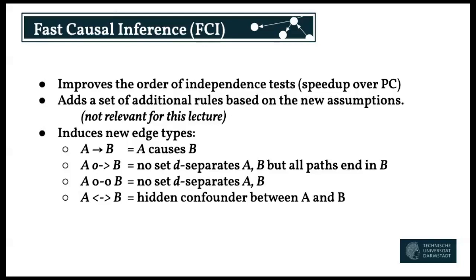However, you know that all paths end in B. And you can also have the case where you don't know that all paths end in B, so they could end in A, they could end in B, but you don't know. You just know there's some kind of dependency. And this double-headed edge indicates that you definitely have some hidden confounding there.